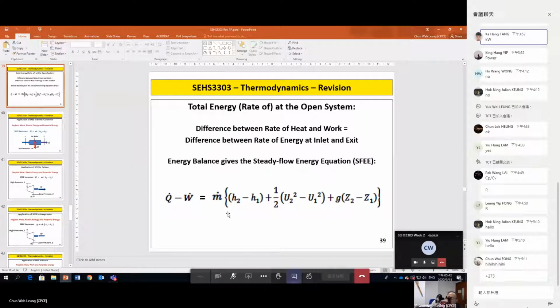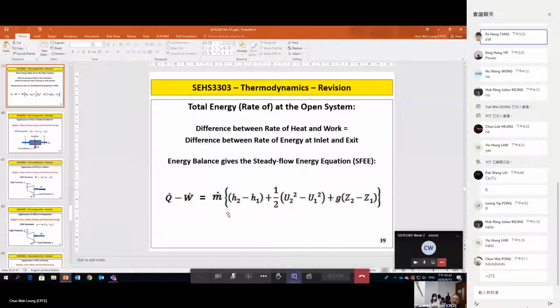Velocity. Sometimes you may have a difference in velocity. So therefore, it may not always be the case to cross out the kinetic energy. 未必㗎，視乎嗰條數點俾你啦。If we can cross it out, then make it very simple.